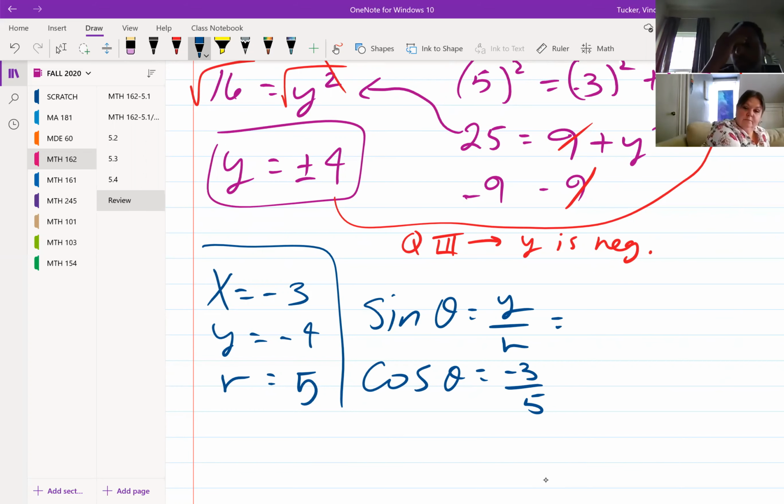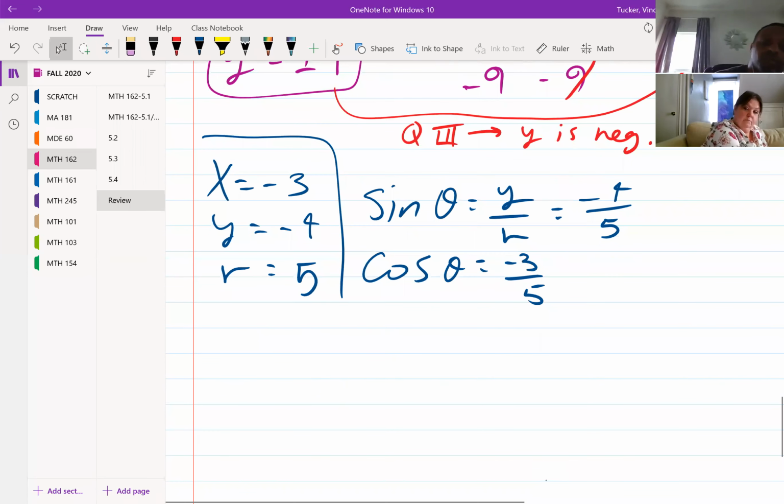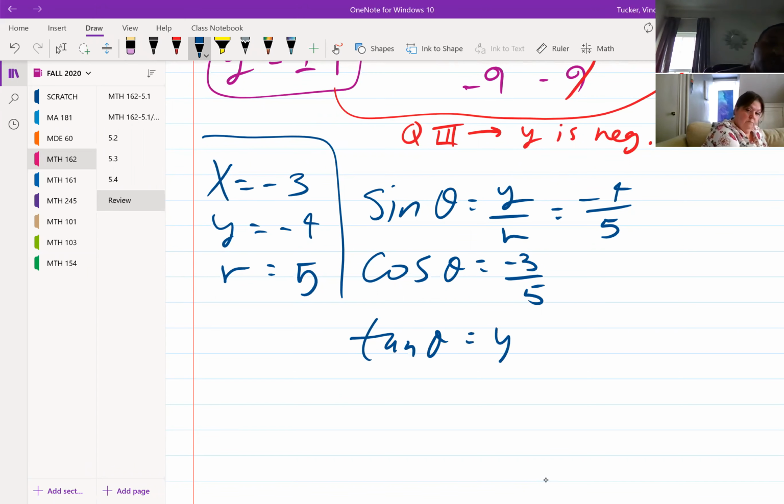So cosine was given. That was -3/5, but it's x over r. We talked about that. Sine is y over r, so it'd be -4/5. Tangent is y over x. It's -4 over -3, just 4/3.